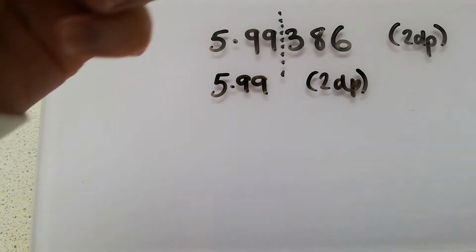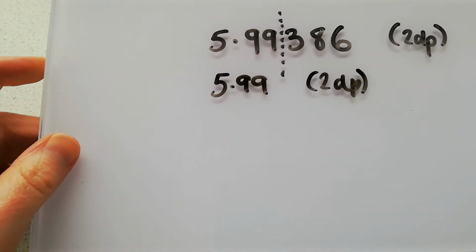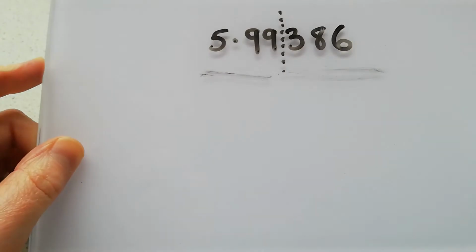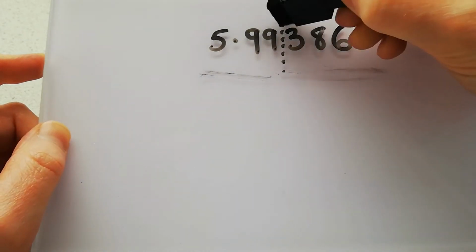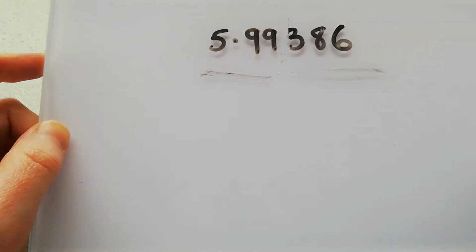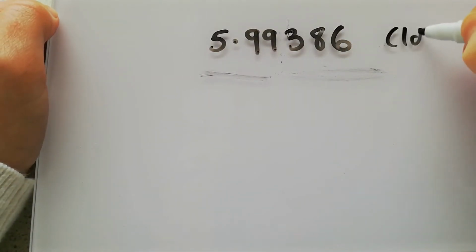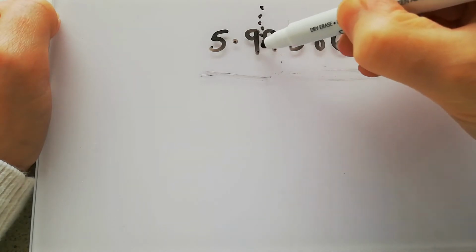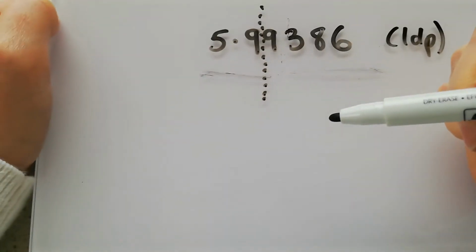However, if we were rounding to 1 decimal place, let's get rid of that, trying not to smudge out my original number. If we wanted, instead of rounding to 2 decimal places, to round that just to 1 decimal place, then we would make a cut after 1 decimal place.